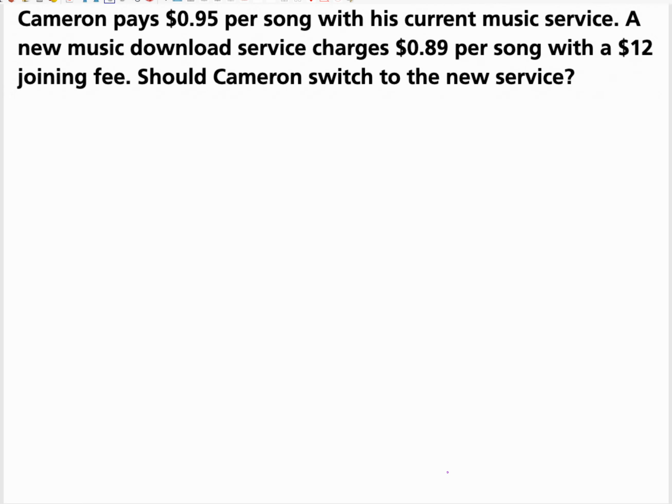Well, we just need to set up an equation and ask Cameron a simple question. So his current music service is 0.95 per song. And we just need to set it up equal to the new music service, which is 0.89 per song plus the $12 fee.